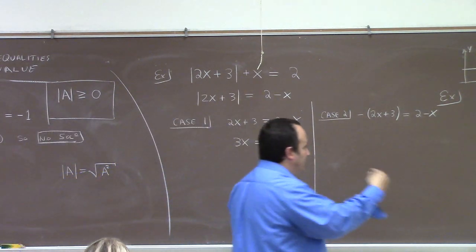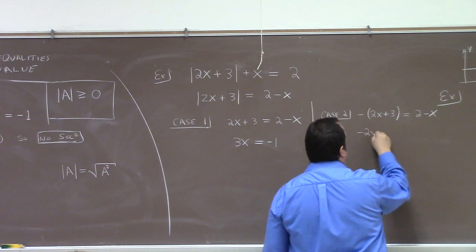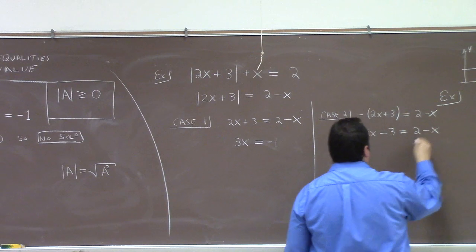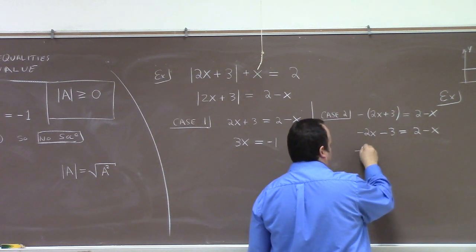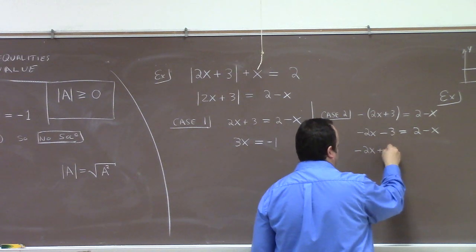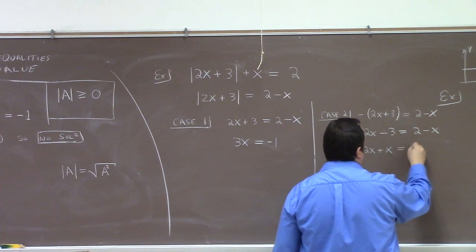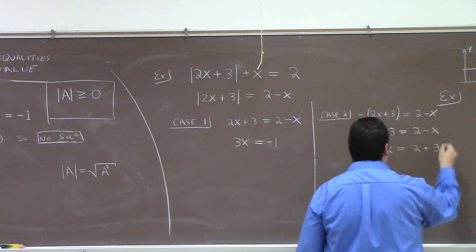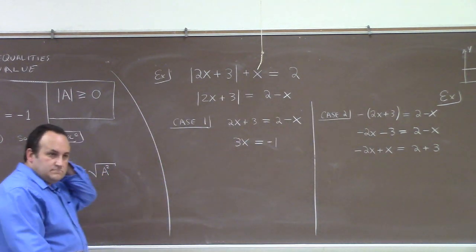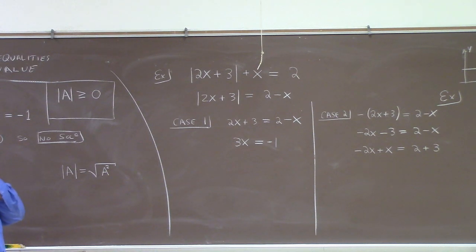I'm going to distribute: minus 2x minus 3 equals 2 minus x. So this gives me minus 2x plus x equals 2 plus 3. I added 3 and I added x to that equation.